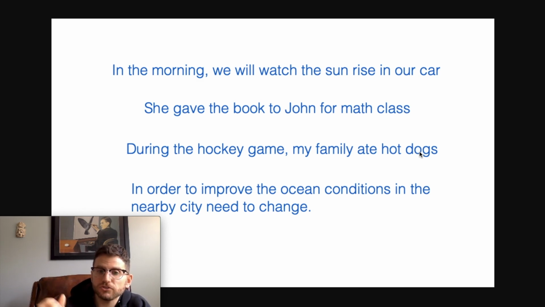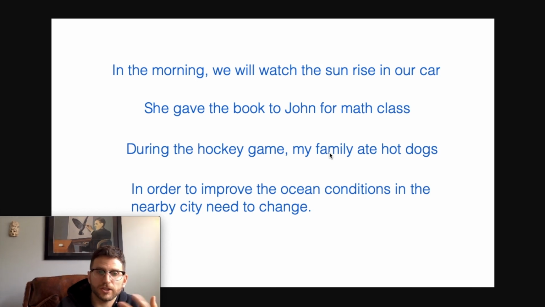And what it's closest to is John. Now we don't mean that John is for math class, right? We mean the book is for math class. The purpose of the book, or the subject that the book deals with, is math. And so this prepositional phrase, for math class, is in the wrong place.